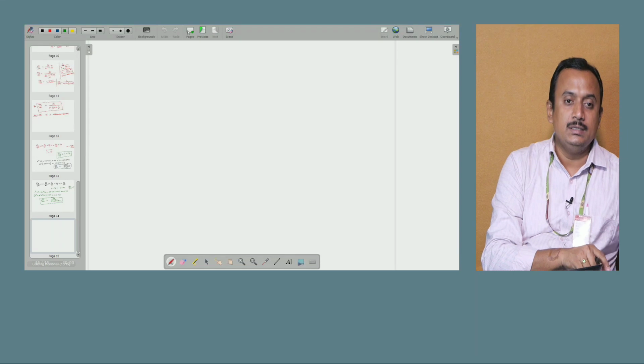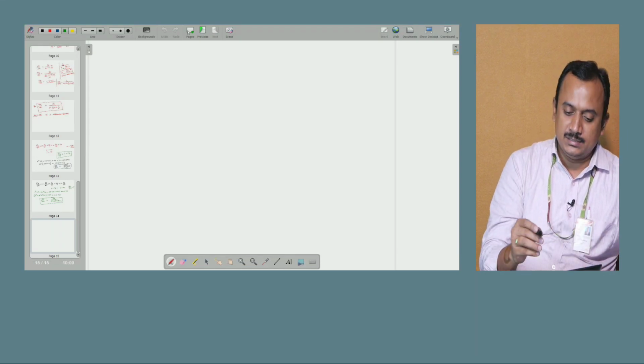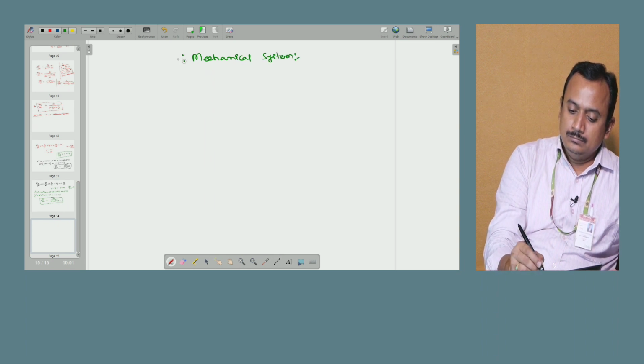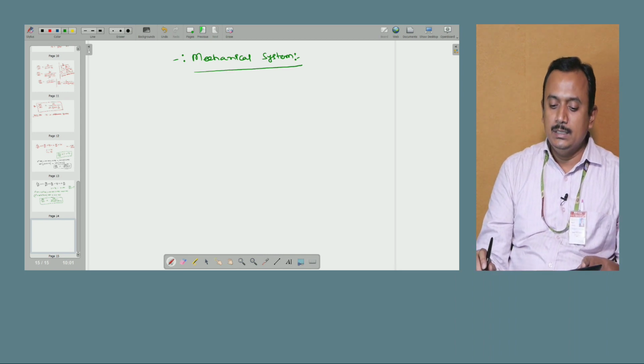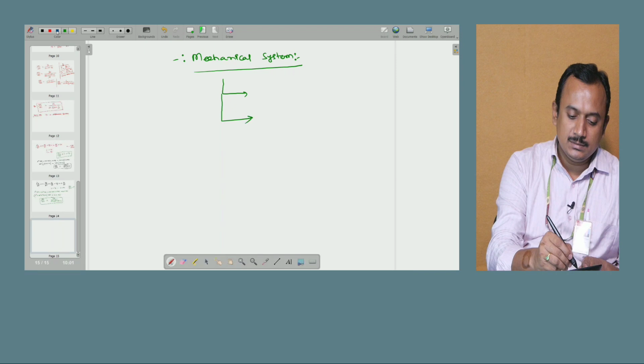Next let us see finding the transfer function for a mechanical system. Again the division under these mechanical systems is, we have two different types of systems.